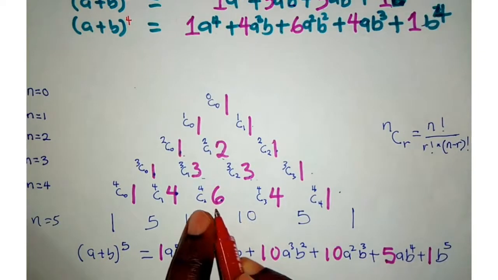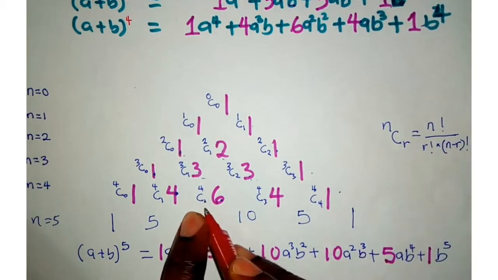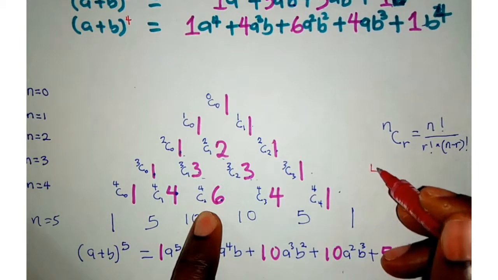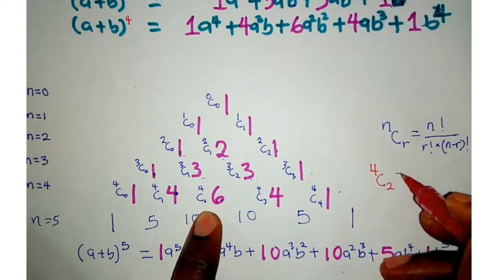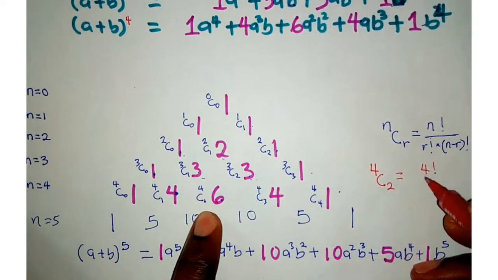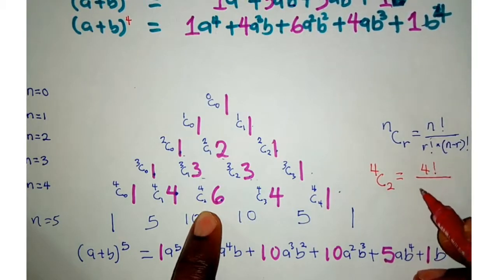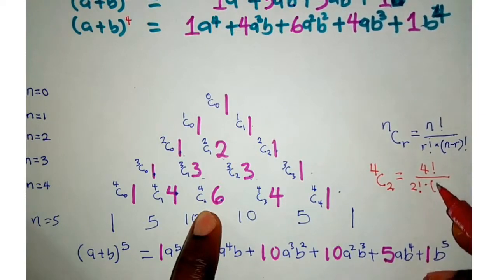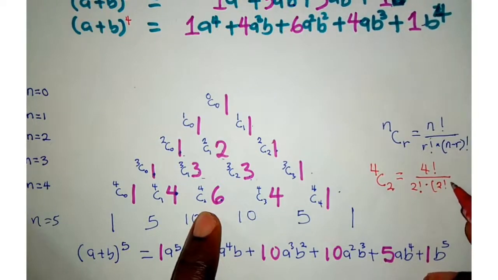Now let's just pick this and see that 4 combination 2 equals 6. So by definition, 4 combination 2 equals 4 factorial over 2 factorial times (n minus r), that's 4 minus 2, which is also 2 factorial.